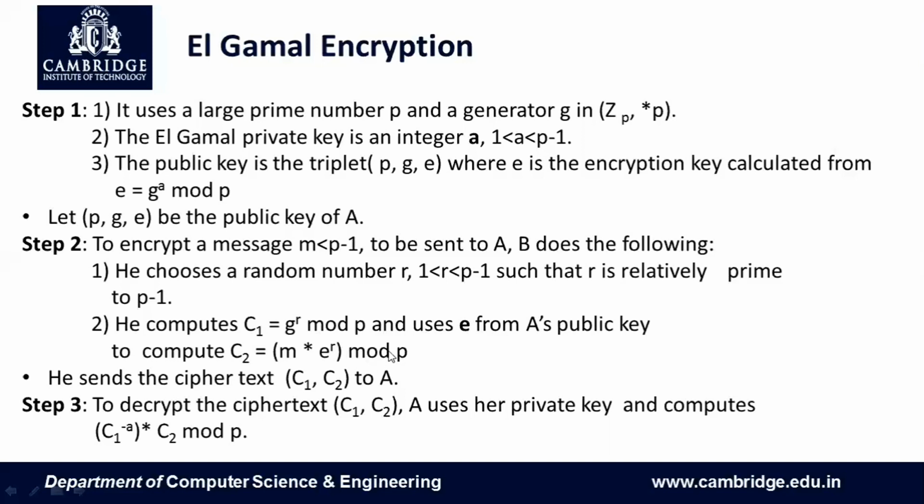The modular operation mod P gives you the remainder. Bob sends the ciphertext C1, C2 to Alice.